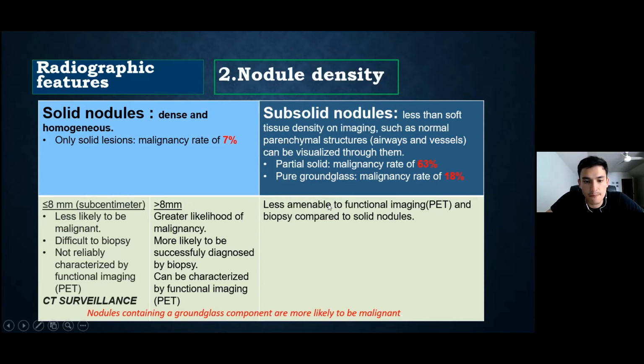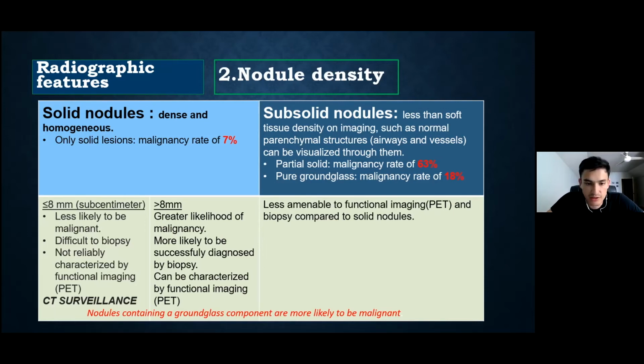Also, the density of the nodules can affect the way the nodule is diagnosed by biopsy or characterized by functional imaging or PET-CT scan. So in the case of solid nodules, when they are sub-centimeter, less than 1 centimeter, but specifically 8 millimeters or less, they are difficult to biopsy and cannot be well visualized or characterized by functional imaging.